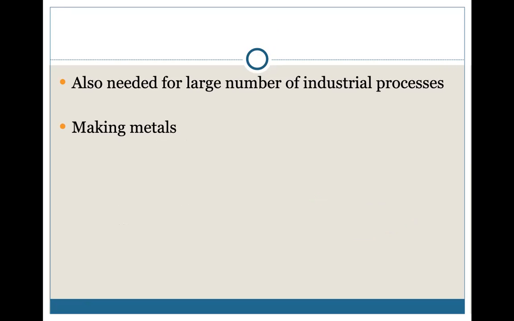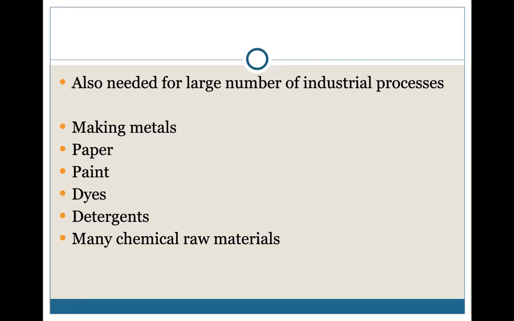We also use sulfuric acid in making metals, making paper, paint, dyes, and detergents. Obviously, we all use detergents to either clean our dishes or wash our clothes. We all wear clothes that are dyed. We use paper, obviously. So very, very important.